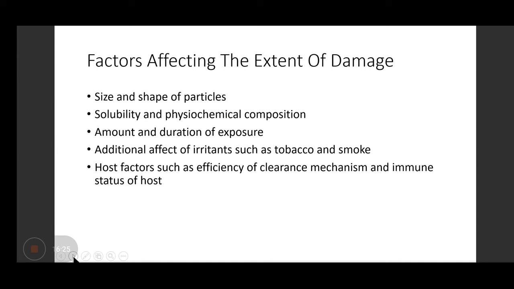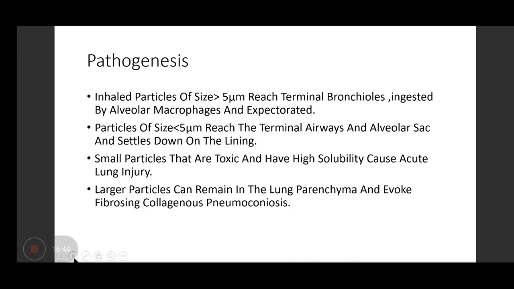These are the factors that affect the extent of damage: the size and shape of the particles, solubility and physiochemical composition, duration, additional effect of irritants such as tobacco smoke, and host factors such as efficacy of clearance mechanisms and immune status of the host. As told earlier, larger particles reach the terminal bronchioles and are expectorated, whereas particles of size less than 5 micrometers reach the terminal airways and settle on the alveolar sac lining.